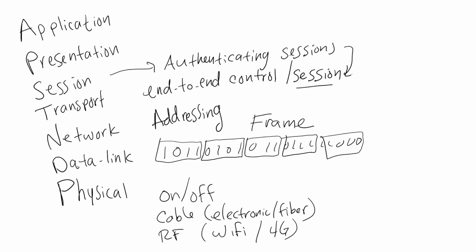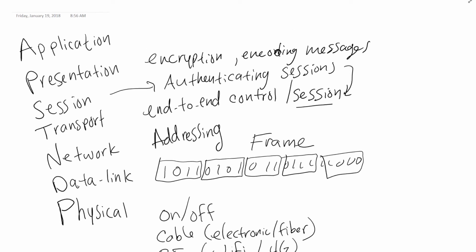And the presentation layer also takes part in encryption and encoding messages. And the application layer is the one we're probably all familiar with. This is the human computer interface. This is our email client, web browser, etc.